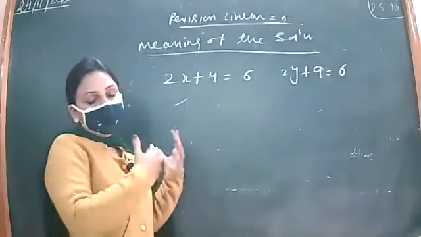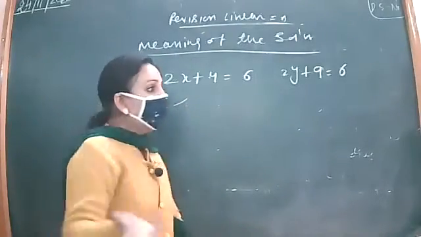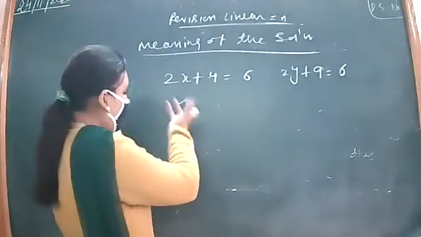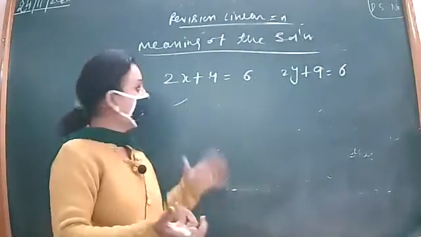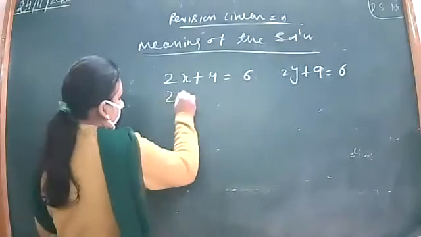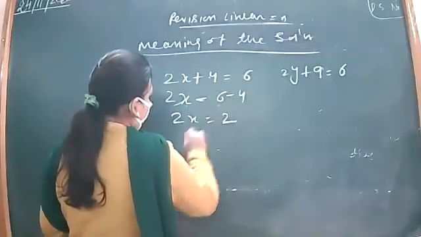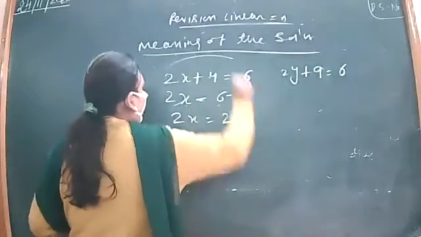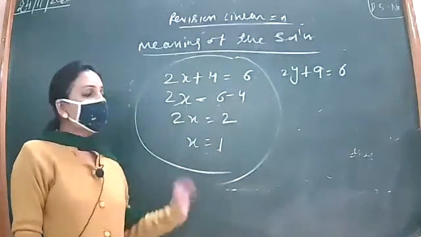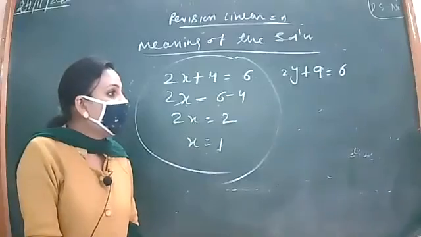So in this kind of question that we have done earlier, we apply certain methods and we find the value of the unknown. For example, here 6 minus 4, 2x is equal to 2 and x comes out to be 1. 1 comes out to be the solution of this equation, which is a linear equation in one variable.